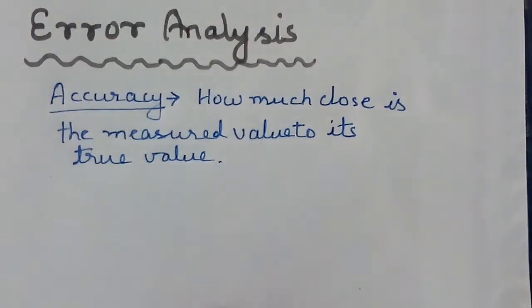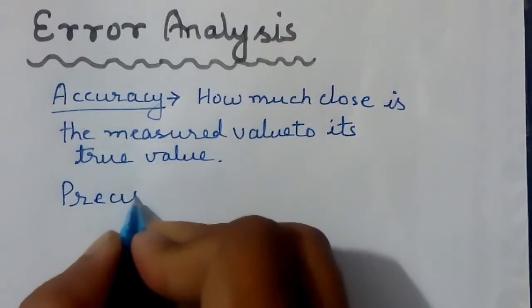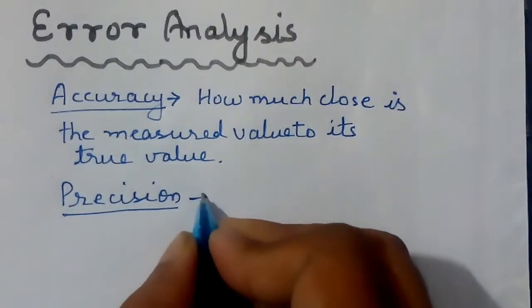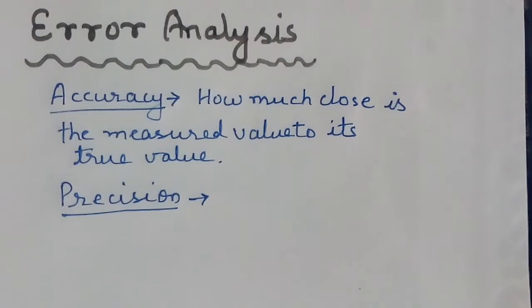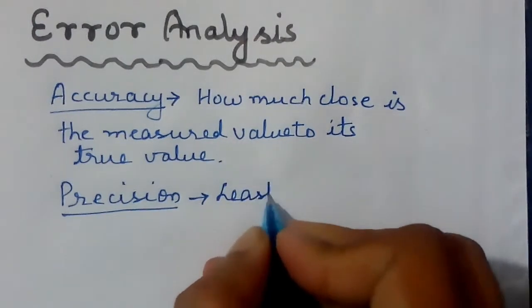We will discuss it with the help of an example, and before that I have to introduce one more term, and that is precision. This term is also very important. We have a concept of a term that is least count.